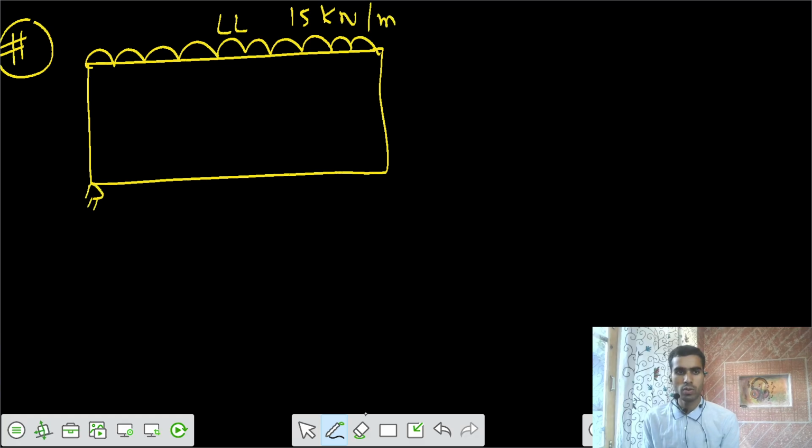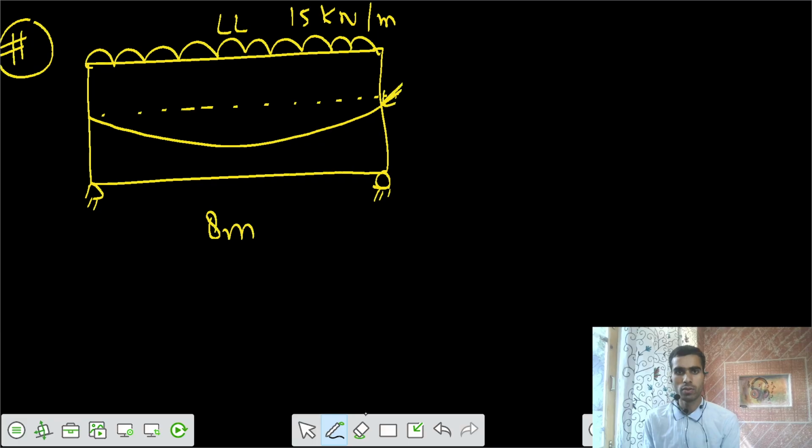It is simply supported, with an 8-meter length, and the eccentricity of the cable is 0 at the ends and 200 at the midspan with respect to the neutral axis. The P force acts along the line of the cable, P equals 1500 kilonewton.